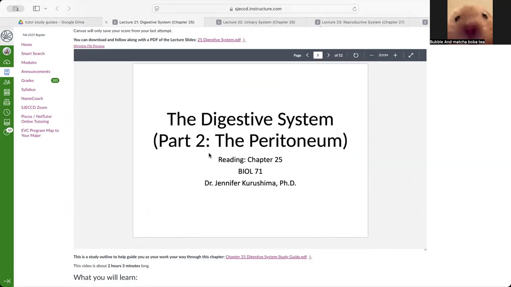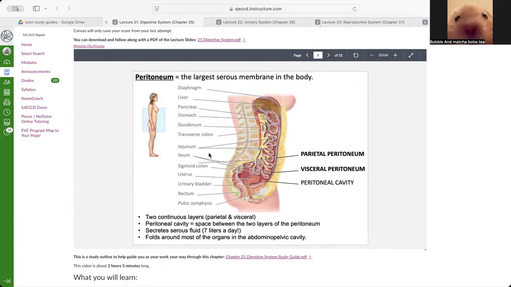So we're going to talk about the peritoneum. It's the largest serous membrane in the body, and it's made of areolar connective tissue plus simple squamous epithelium. So it's like the pericardium and pleural membranes.